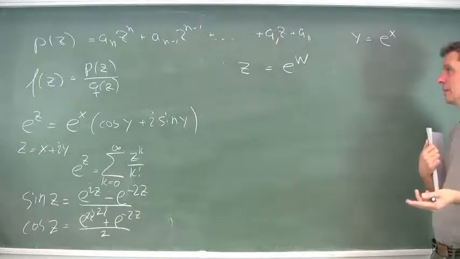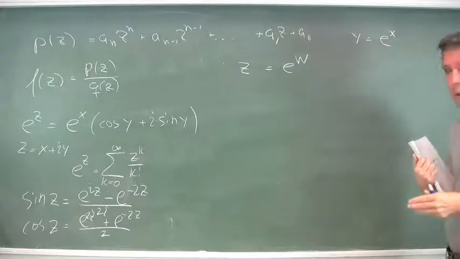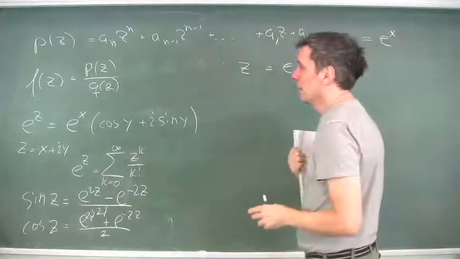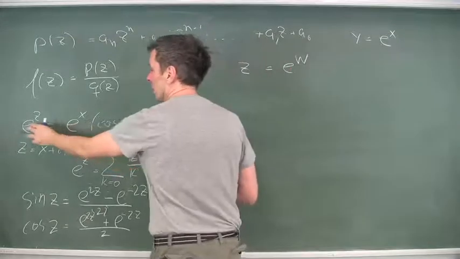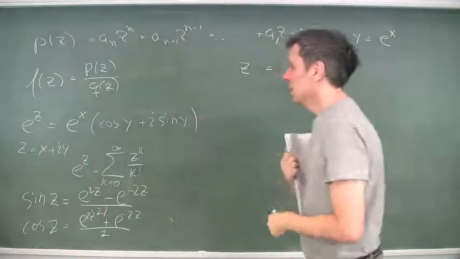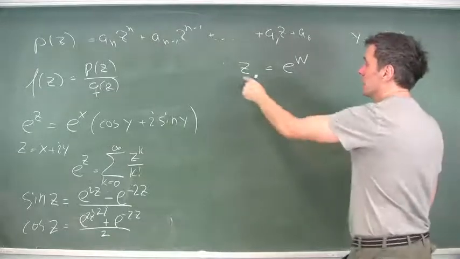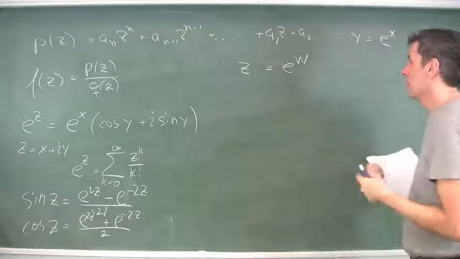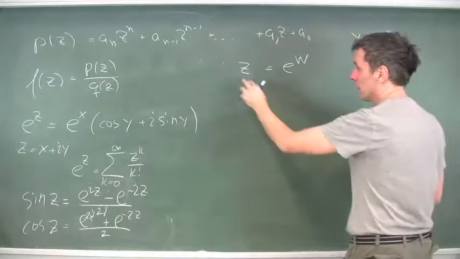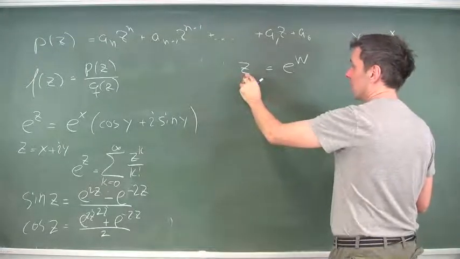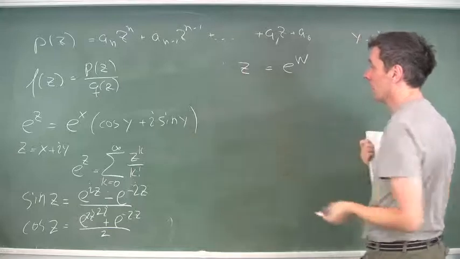However, here we have a problem now. And the problem is that this complex exponential function is not injective, which means that this equation will always have many solutions, except for the one case when z is equal to 0, when it will have no solution at all.